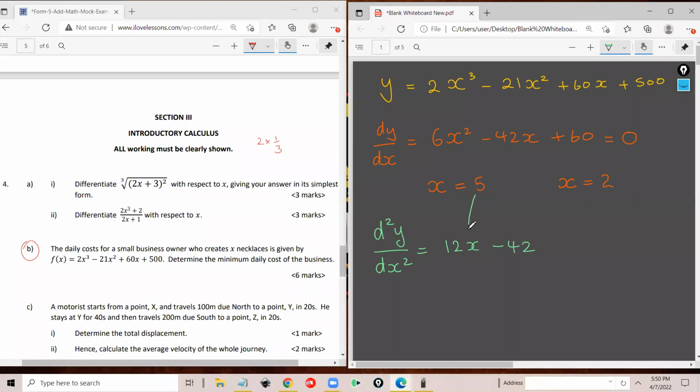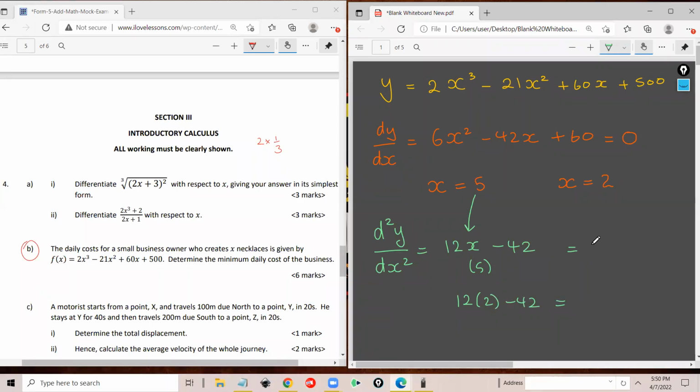Throw the values of x in here one by one. So replace this x with 5, work it out. If you get a positive number, it's a minimum. And if you get a negative number, it's a maximum. Right, so when you replace the 5 inside here, let me know what you get. Then replace it with 2.